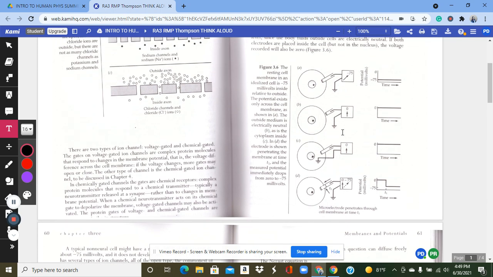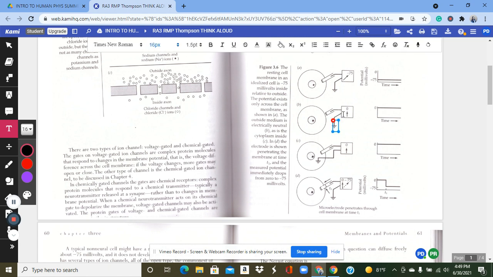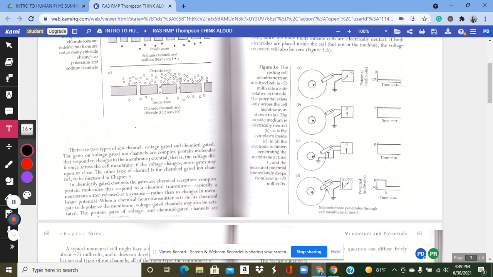Oh, okay, I was talking about the cytoplasm. Here it's talking about the outside medium, but in here it's talking about the inside of the cytoplasm. But they're both the same charge.